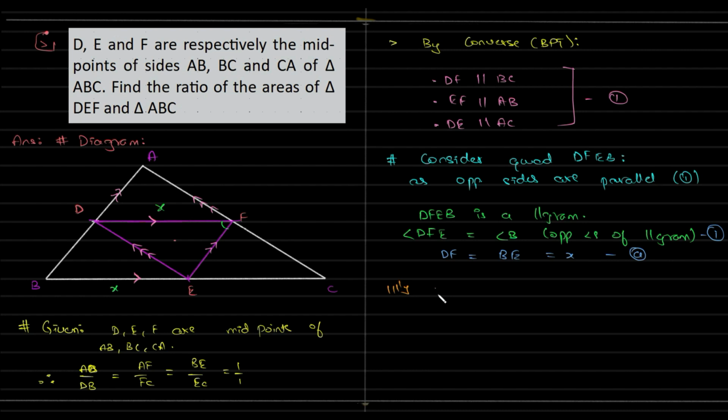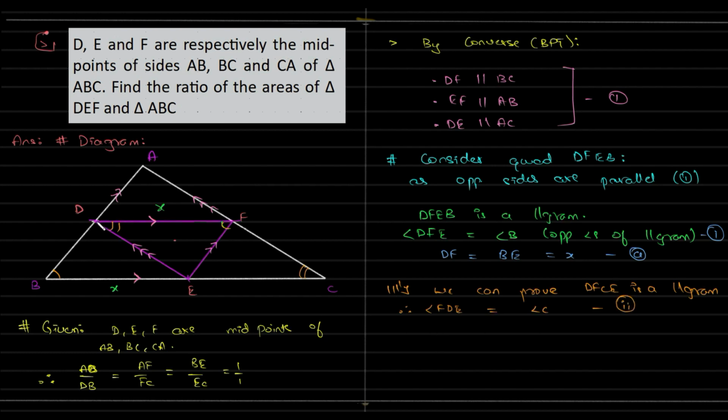Similarly, we can prove, okay, these two are equal. DFCE is a parallelogram. Therefore, angle FDE is equal to angle C. So this is my equation second.